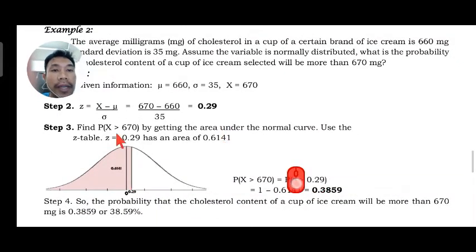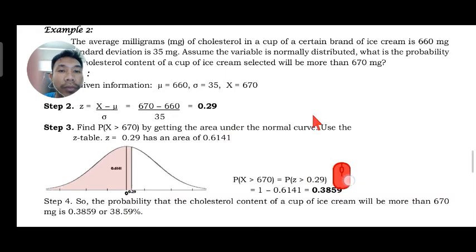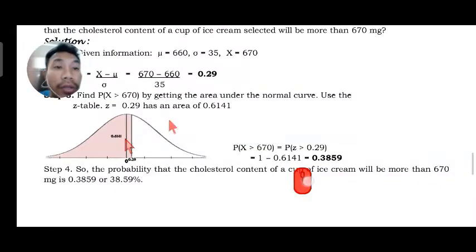So we'll find the probability that x is greater than 670 by getting the area under the normal curve using the z table. In the illustration, 0.29 is located here. Let us find first the area under here, but this area is not the area that we want.